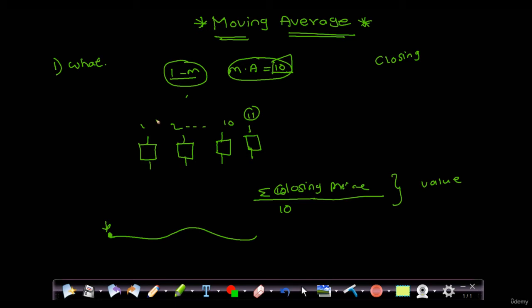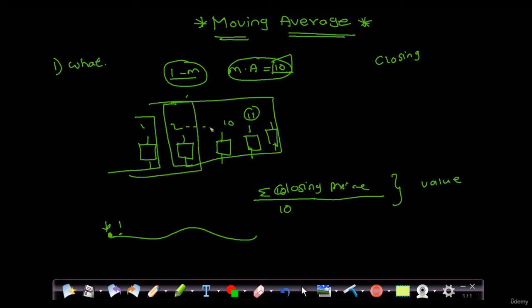By default it will neglect, we can forget the first candle, and we calculate from candle 2 to 11, calculate the average of these closing prices again, and plot it here. Again the same thing happens. If the 12th candle forms, we neglect the second and calculate from the third candle to the 12th candle. So on average we are sliding, moving the window forward.